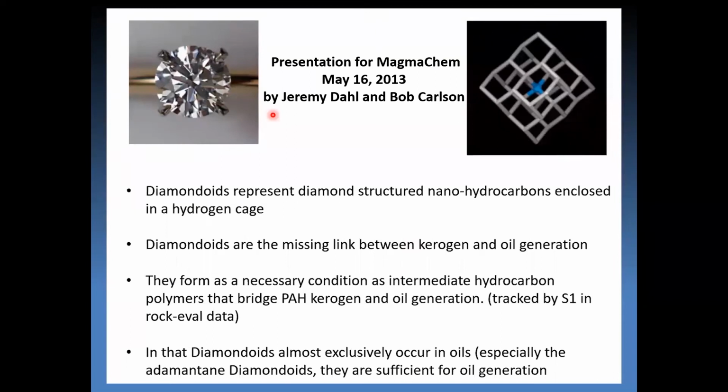So they're kind of putting an oil hydrogen cage around the diamond. This is the diamond structure itself, which has hydrogens built around it. They're not showing those. But now, our experience with diamondoids came from studying diamond quartz.